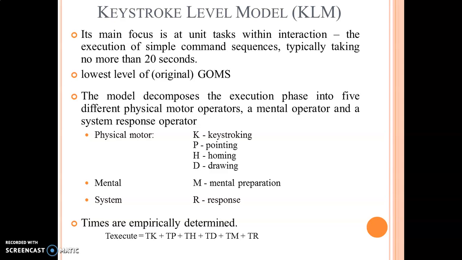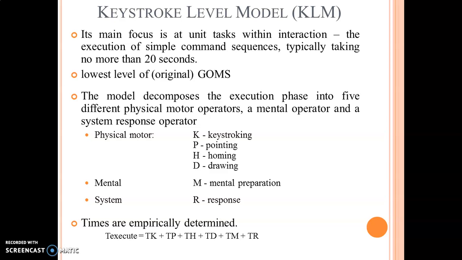So KLM only gives a prediction for the execution of the task activity. During the acquisition phase, the user will have decided how to accomplish the task using the primitives of the system, and thus during the execution phase there is no high level mental activity. The user is effectively an expert.